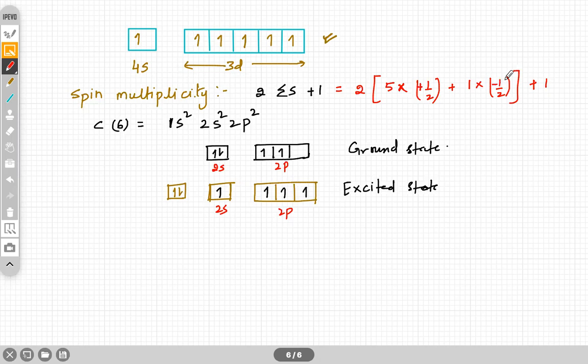When you solve this, you get 2 into (2.5 minus 0.5) plus 1, that would be 5. The spin multiplicity of carbon atom is 5. That is how we calculate.